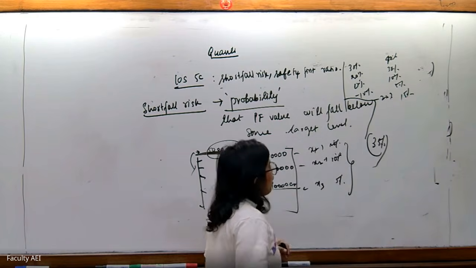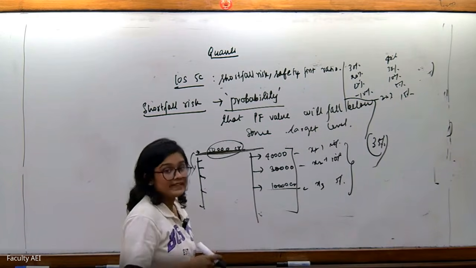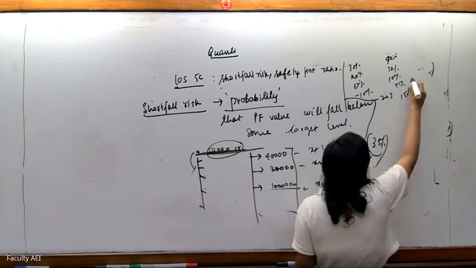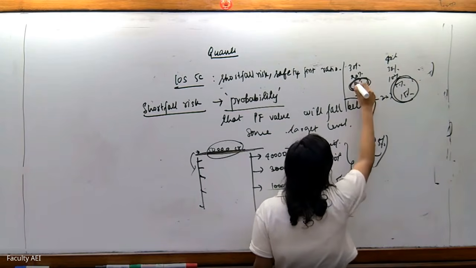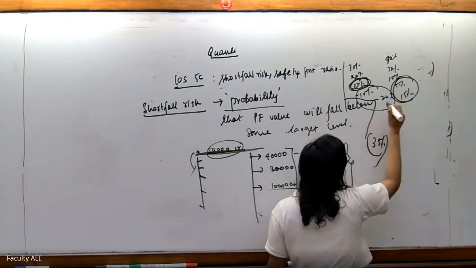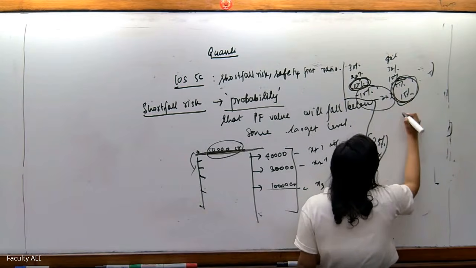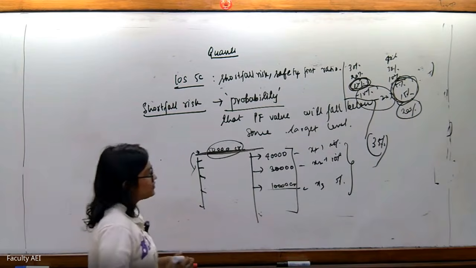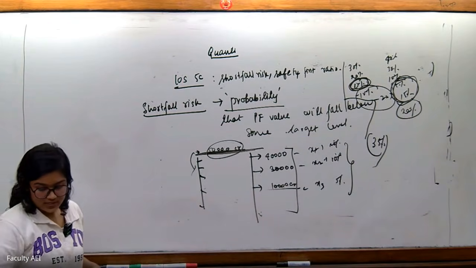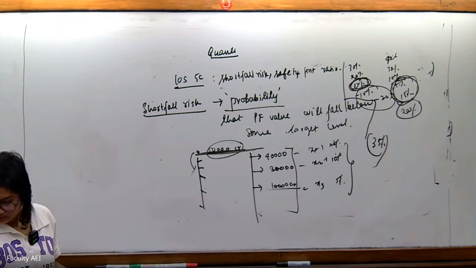So what is the shortfall risk of my portfolio hitting negative returns? We simply add these two values, because beyond the zero level, there are only two negative returns, and the probability of these two is 5% plus 15%, which is 20%. So this is how we calculate shortfall risk.